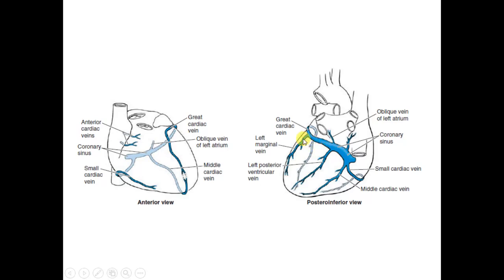The great cardiac vein is receiving the left marginal vein, and on the right side you can see the small cardiac veins from the middle cardiac vein also entering the coronary sinus. Here is the left posterior interventricular vein, which is also entering the coronary sinus.